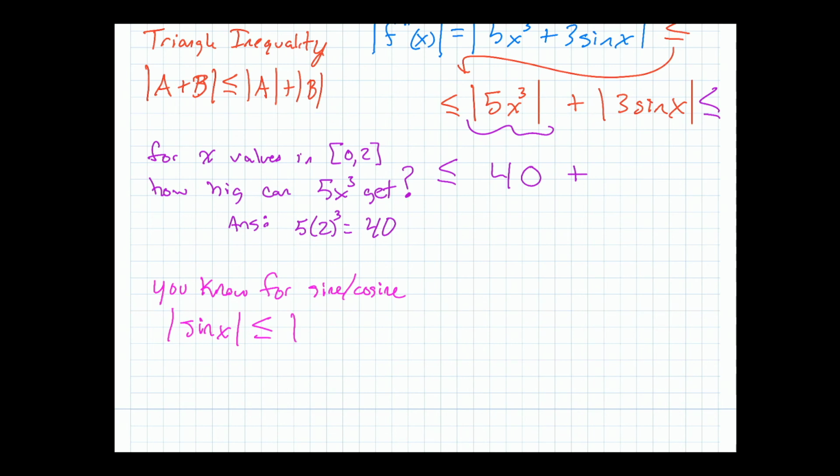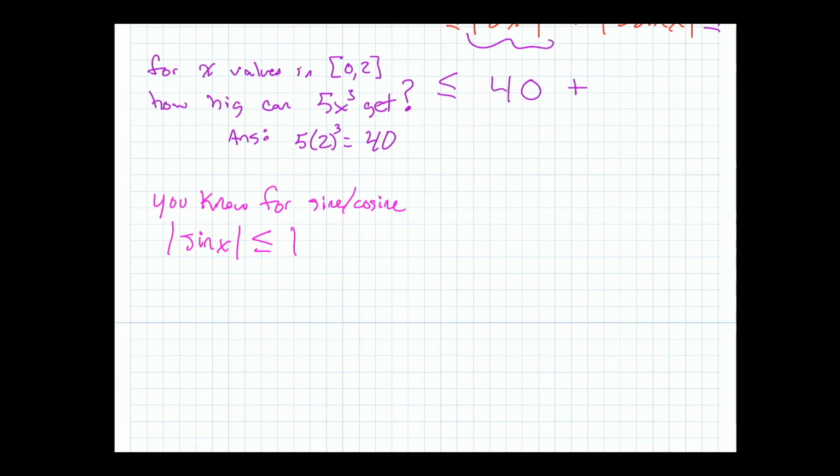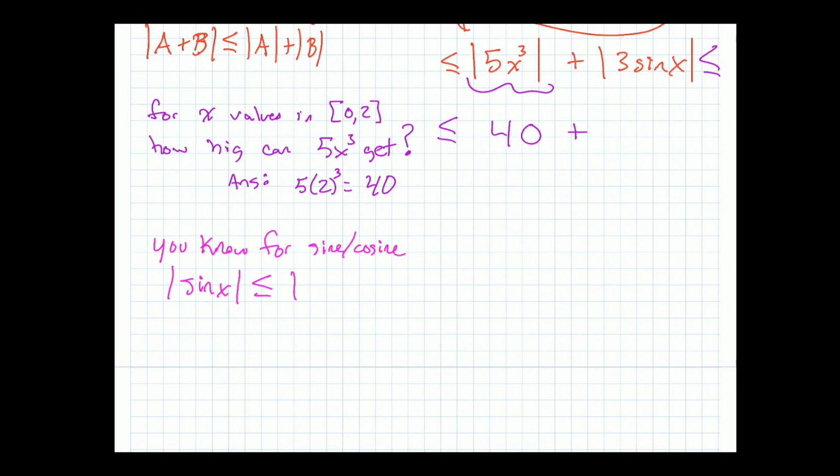It could be -1, but we're in absolute value, so it's between 0 and 1. So the biggest it could be is 1. So you know that the absolute value of 3 sine x, the biggest that can be is 3, because the sine x could be 1 and then times 3. So 3.